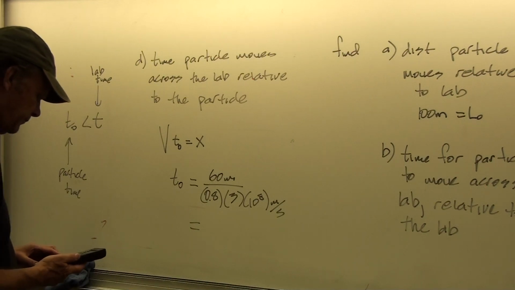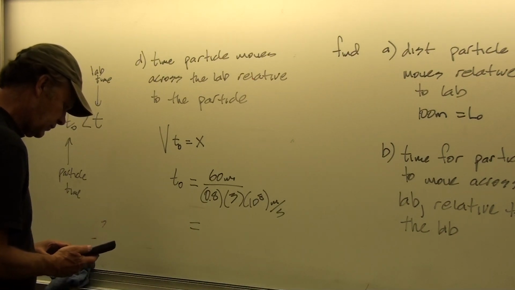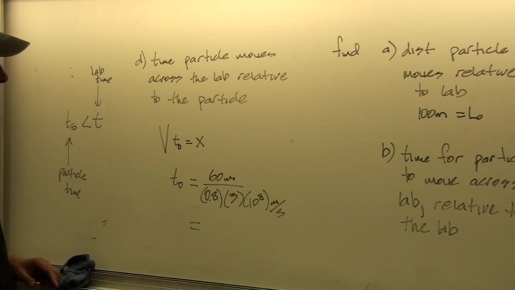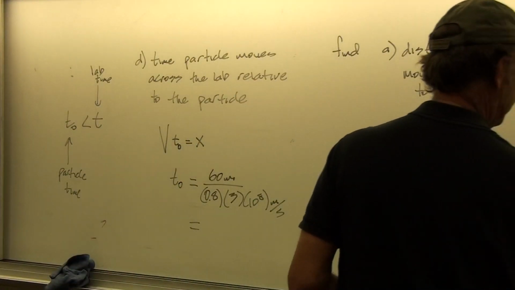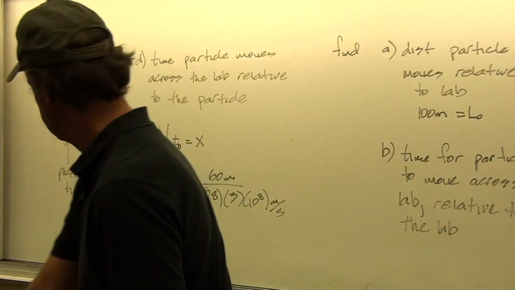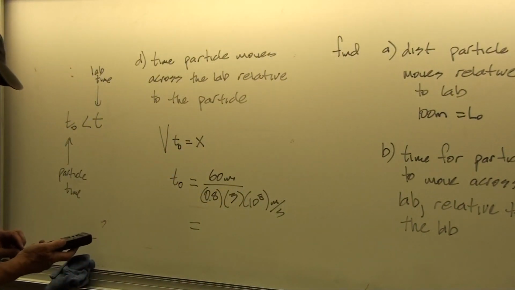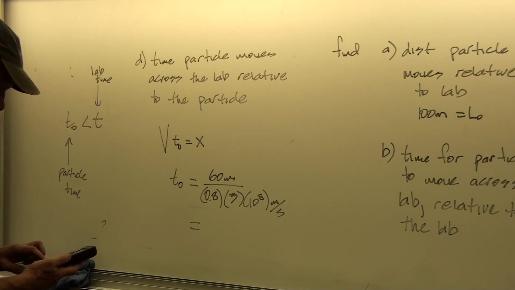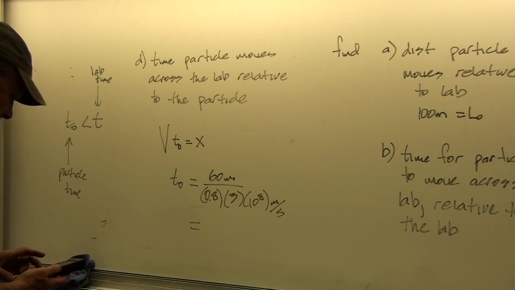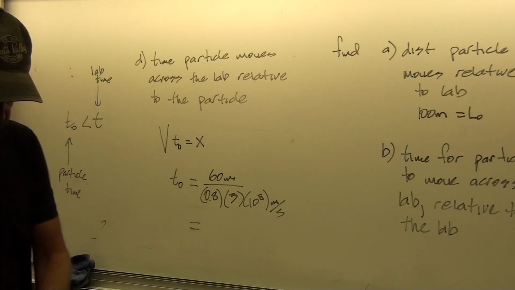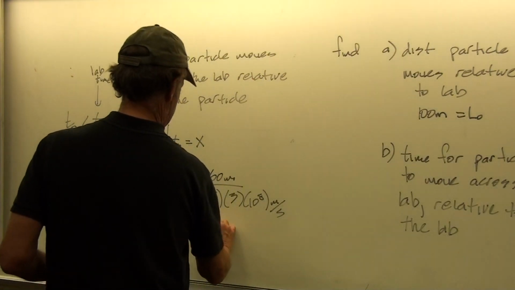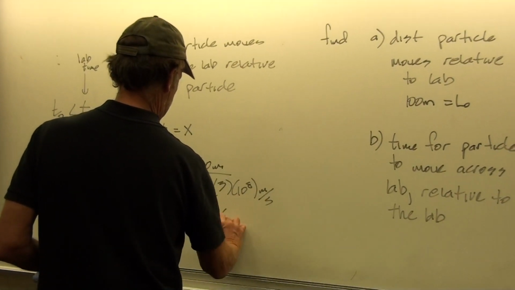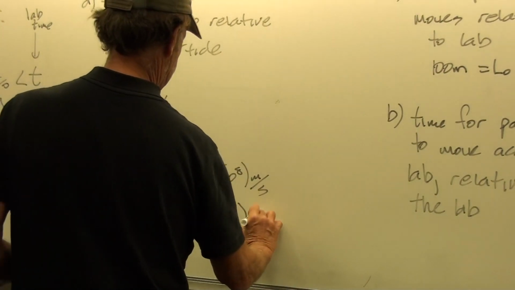Okay, so that gives me 2.5 times 10 to the minus 7. Let me just punch that out one more time, make sure that's right. There we go, that's better. 2.5 times 10 to the minus 7 seconds.